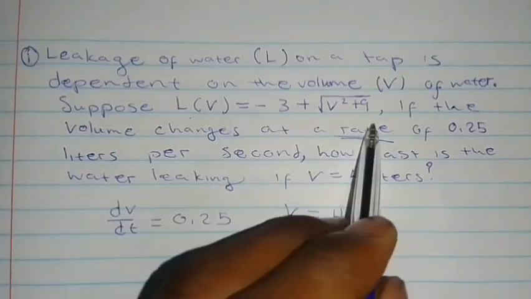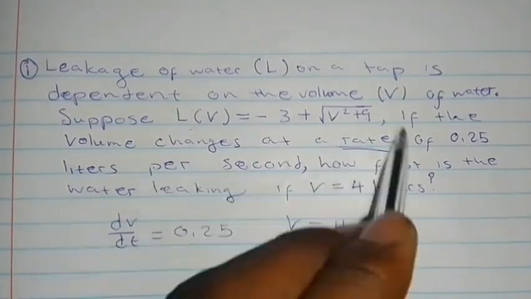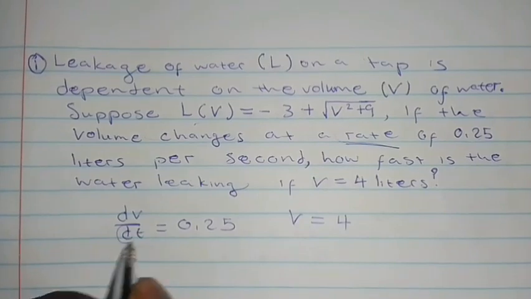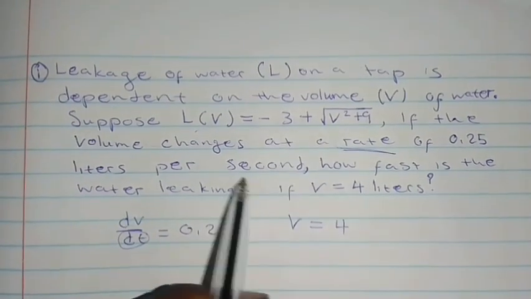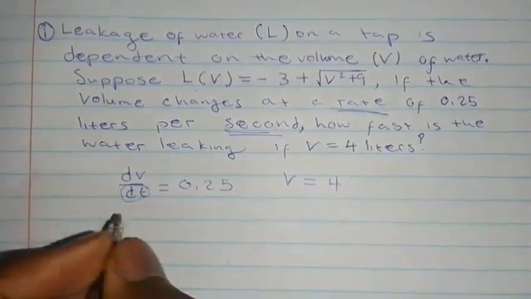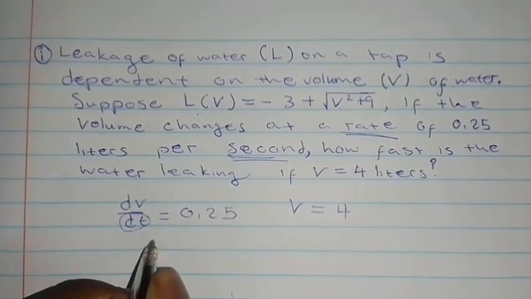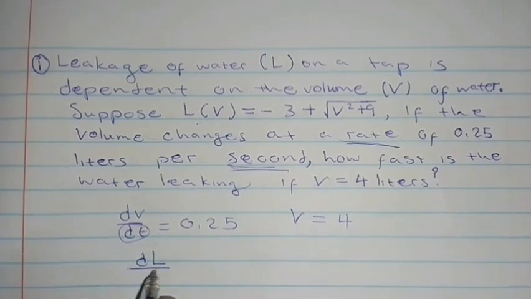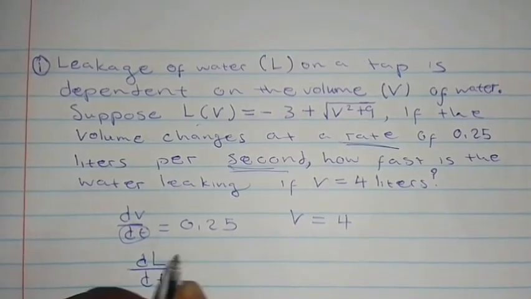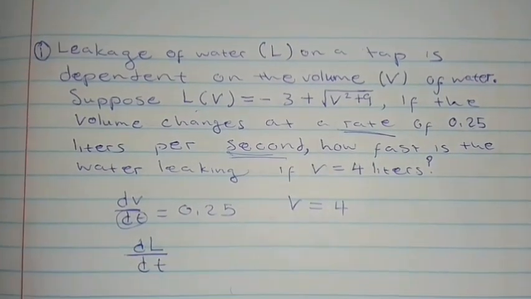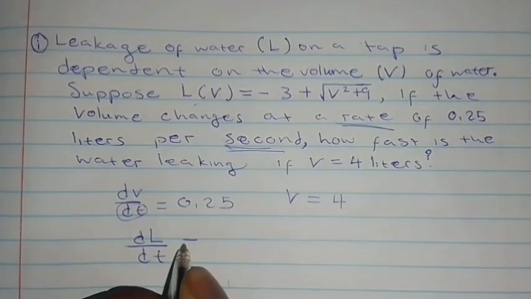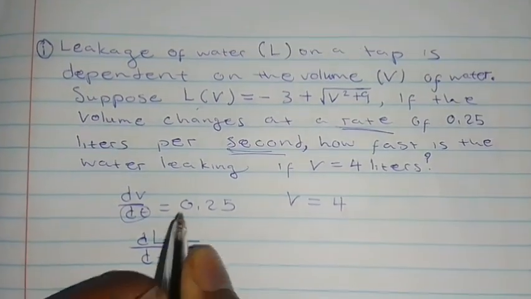Now the first step you're going to do here is to differentiate this with respect to time. You already know that you have to differentiate that with respect to time. Now derivative of L and V will just be dL over dt. You can still say L and V, it's still fine. Then you'll say dL over dt.